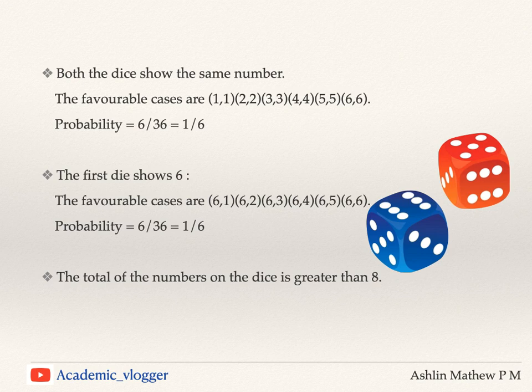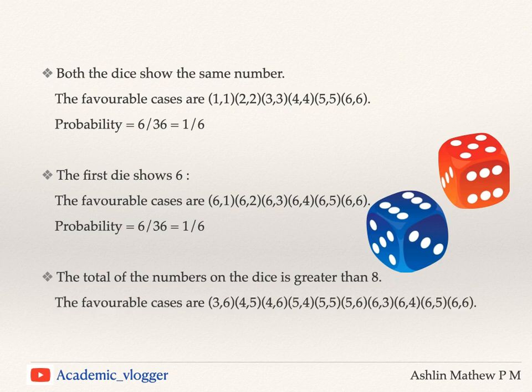It is only up to 12. Why? Because a die has only 6 faces and the maximum value a die can show is 6. So if both dice show 6, then the sum of numbers on the dice will be 12.